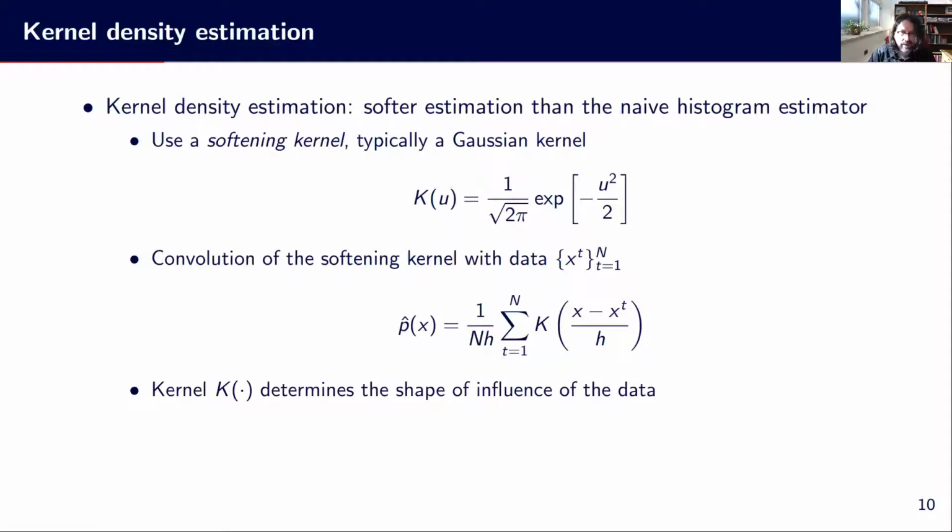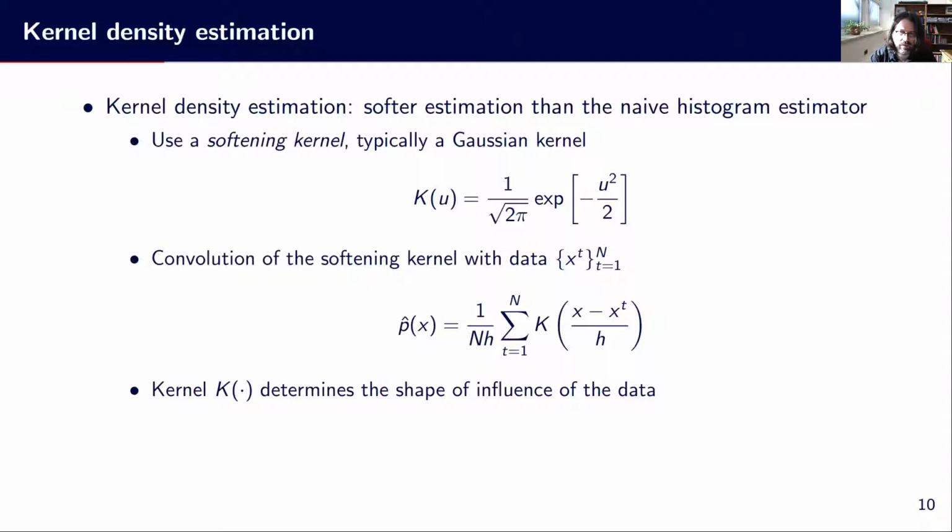So the kernel is determining the shape of influence over the data. Using a Gaussian kernel is basically to say that what is close has big influence, and what is far away has much less influence, decreasing as an exponential. So it's decreasing relatively quickly when we are going far away from x. It is symmetric and centered on the value x that we care about in our kernel density estimation.